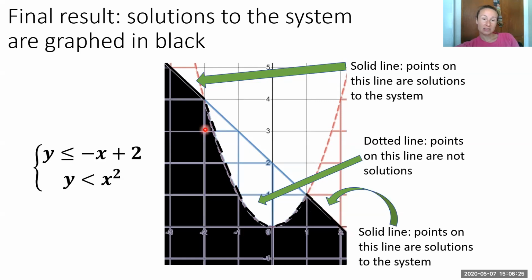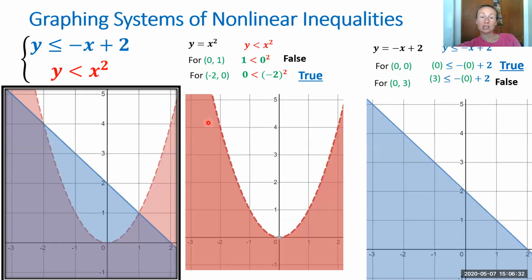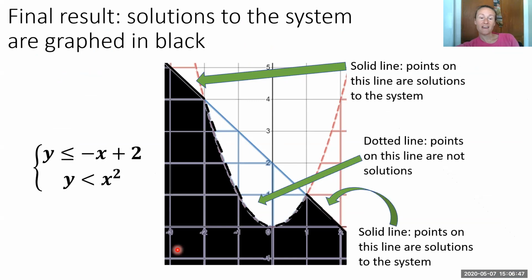So the dotted part is curved, the straight part is solid. If we go back, you'll see the dotted line was the curved one, the straight line was the solid one. So our region here is solid, dotted, solid. And so that's what we've got, all this region in black. Any point in black here will solve both of these inequalities.